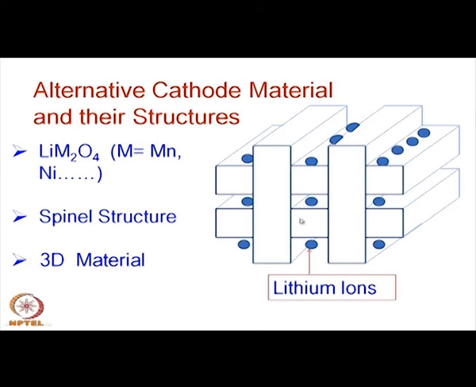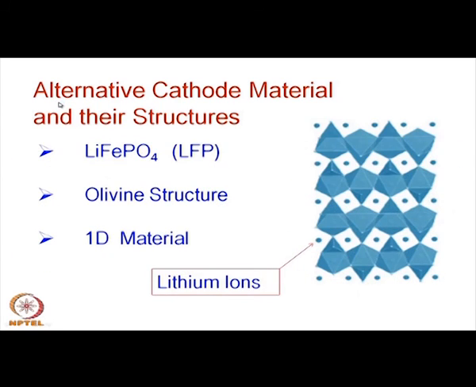These are the channels in which the lithium can go and move. So, if you compare the cobalt oxide structure and the M2O4 structure, they are quite different, and these are called 3D materials because of the particular structure, the way the lithium ions can go in and the sites they can occupy. So, this is one kind of spinel structure which also has the intercalation property.